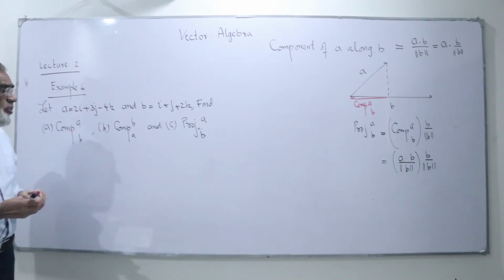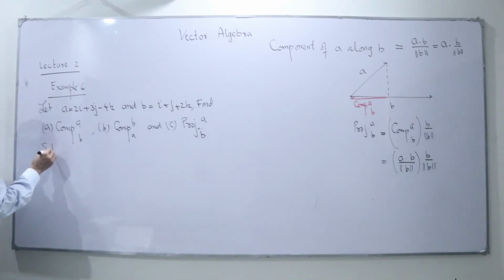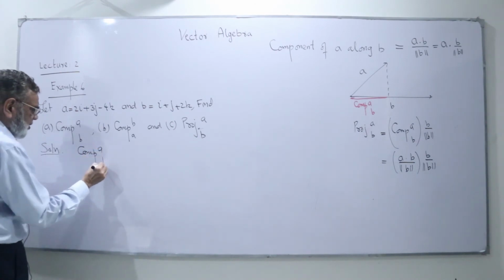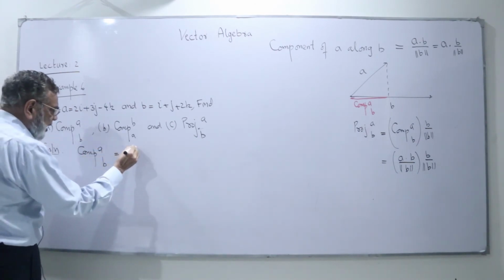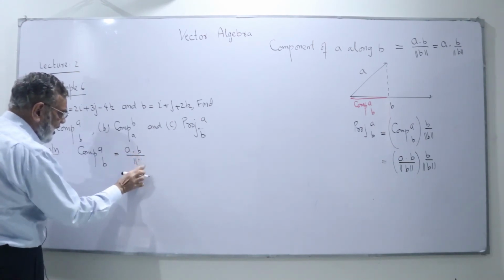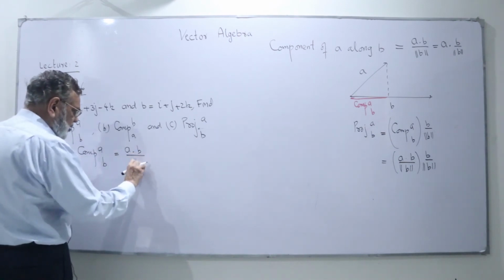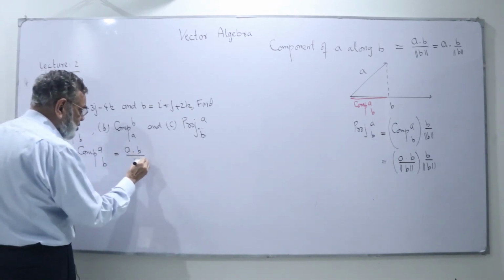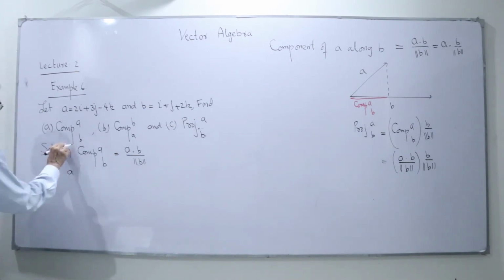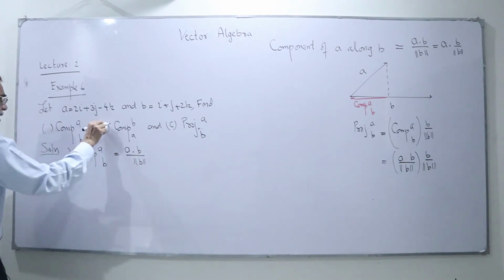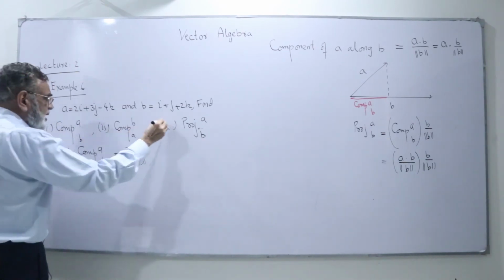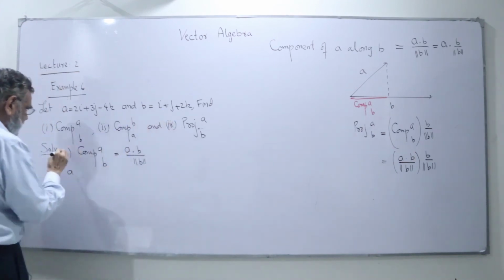For the component of A along B, mathematically, the component of A along B will be equal to A dot B over magnitude of B. So we are taking the component along B, so we multiply by the unit vector B over magnitude of B. So we find A dot B. Instead of A, B, which we are using as the vectors, it's better we change this and say 1, 2, 3. So I take here number 1.